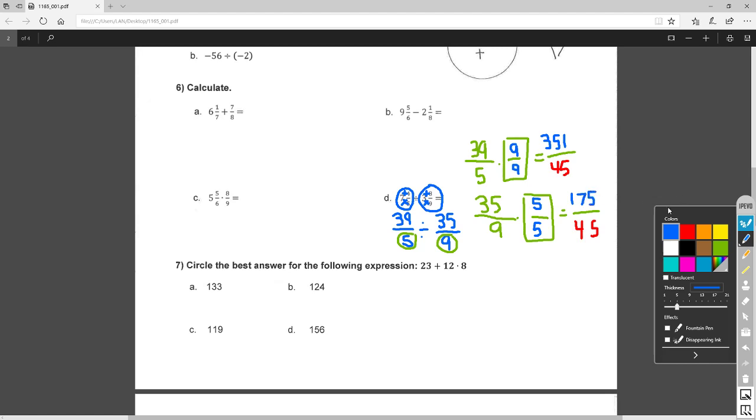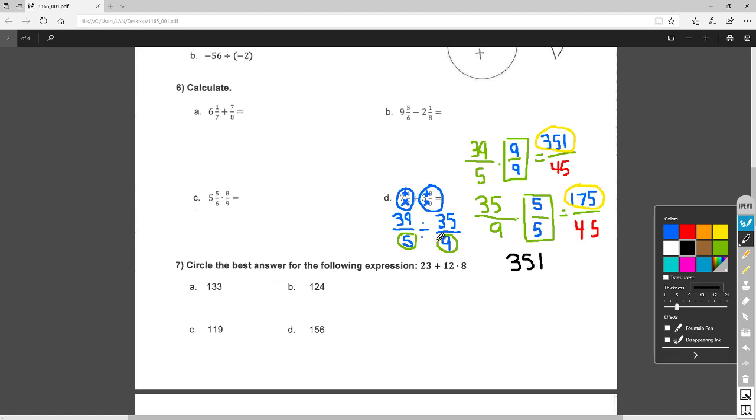Okay, and then once we have a common denominator, now we take the numerators and we're going to rewrite them as our new fraction. That would be our answer. So in this case, oh, I should not use yellow. Okay, so our final answer would be 351.